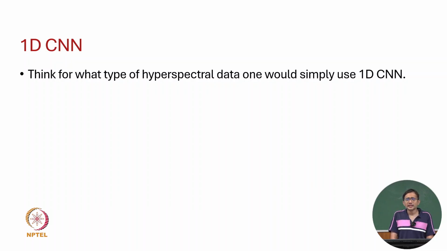The answer is that if the spatial resolution is probably coarse, maybe this particular information doesn't benefit so much from the spatial context, rather spectral complexity is what we want to account for. Maybe we just go for a 1D CNN.